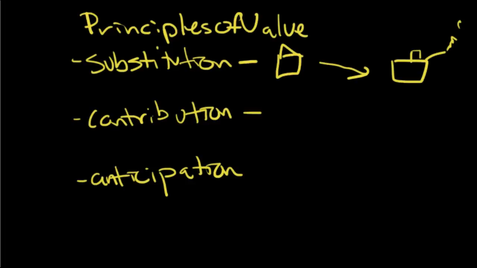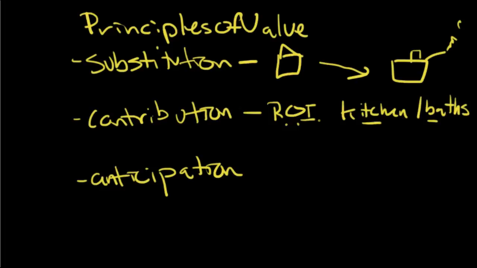All right, let's move on to contribution. Contribution is when you add something to the property. You're obviously going to be looking for a return on investment, ROI. If you put in a new kitchen and baths, which a lot of folks put into properties so that they can increase the property's value, they're going to be looking for, of course, a profit out of that.